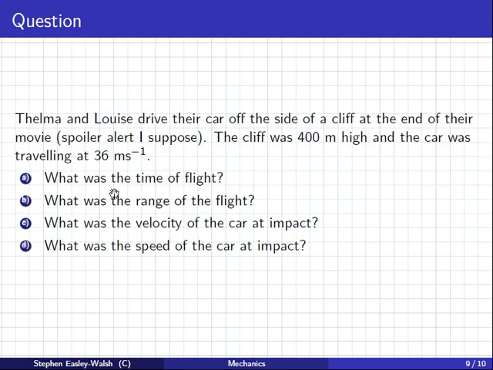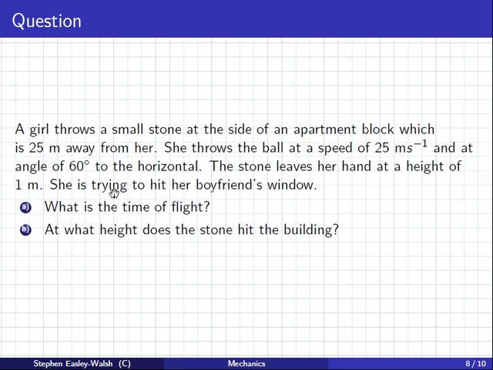Let's see, I think yeah. Right. So this one here, I'll draw the picture. A girl throws a small stone inside the apartment, which is 25 meters away. She throws it at a speed of 25 and an angle of 60. And the stone leaves her hand at a height of 1.